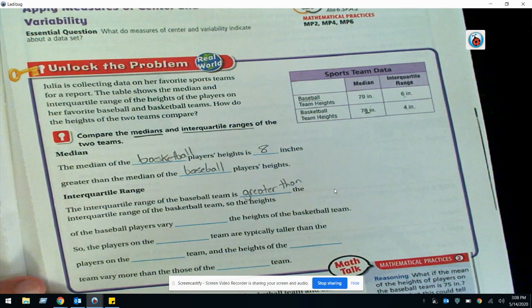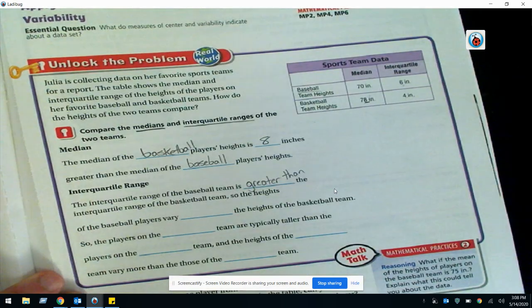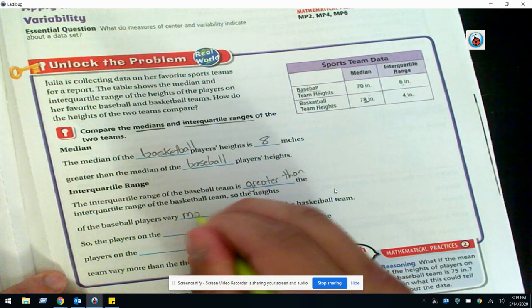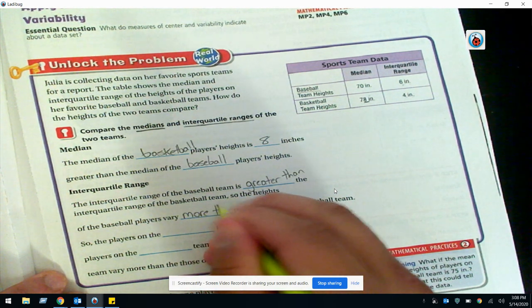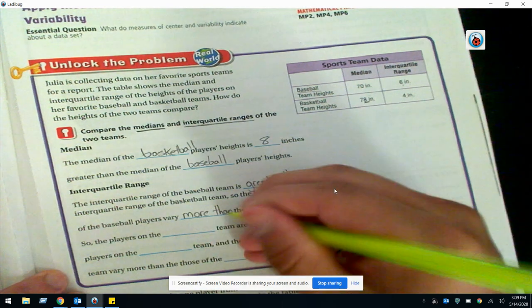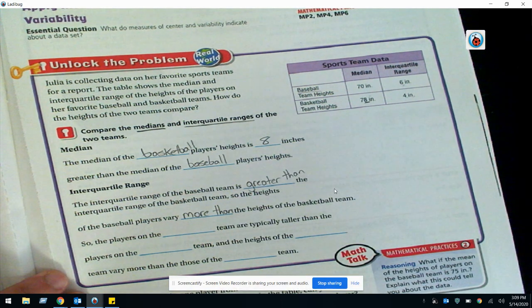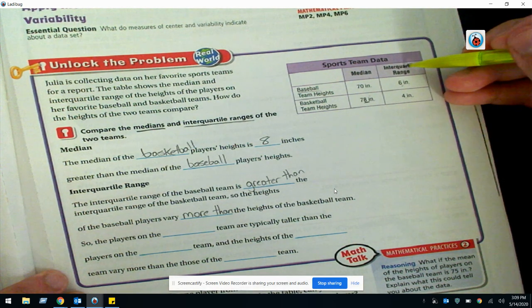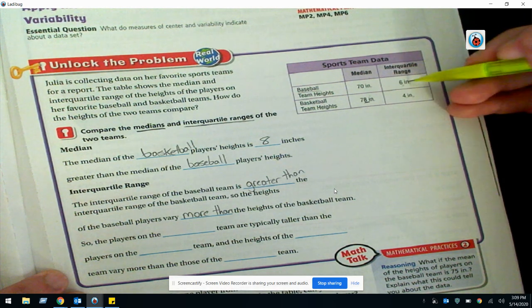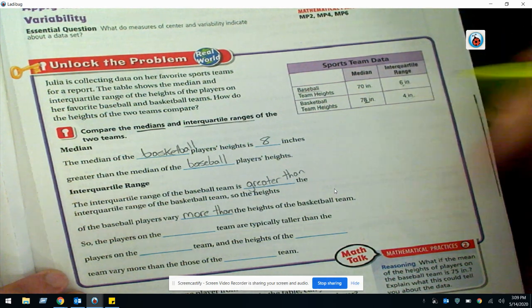So the heights of the baseball players vary more than the heights of the basketball team. And what that means, remember, it shows the range of the data. If they have a higher interquartile range of 6 versus 4, that means the heights will vary more.